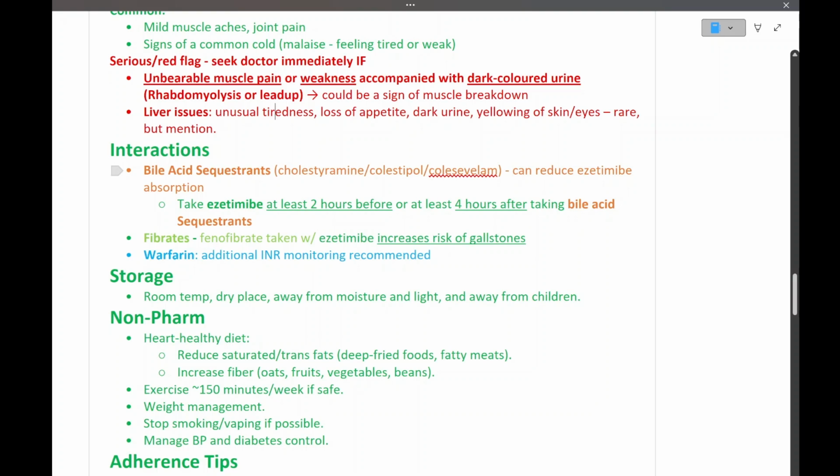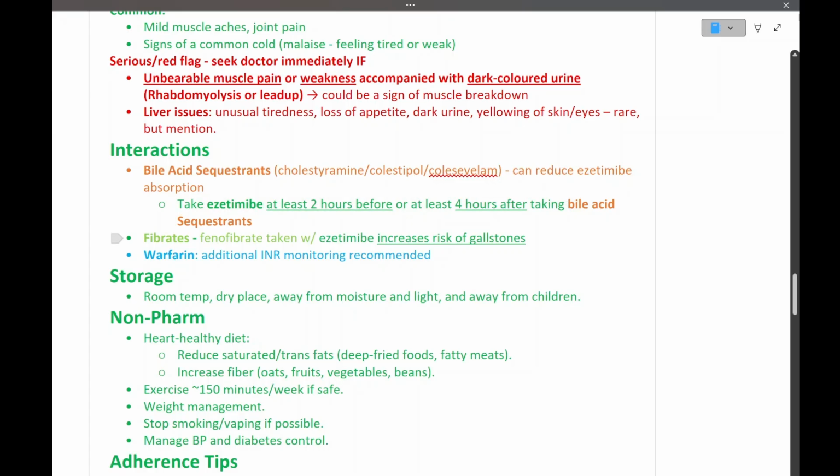Interactions. I think the biggest interaction that we want to watch out for is patients on bile acid sequestrants such as cholestyramine, colestipol, or colesevelam, which can reduce ezetimibe absorption. To mitigate the chances of these medications interacting, we want to take ezetimibe at least 2 hours before or at least 4 hours after taking bile acid sequestrants.